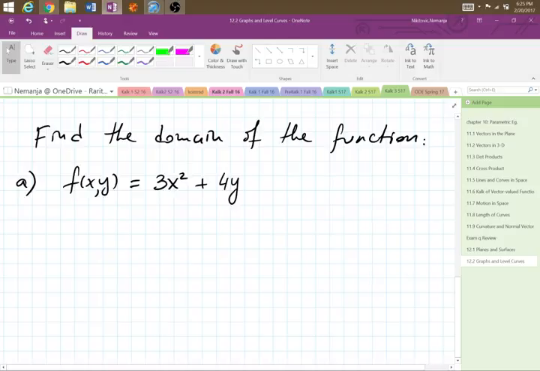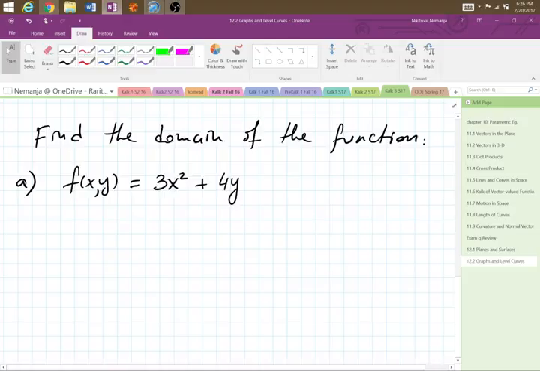Think of positive numbers, negative numbers, whole or rational, irrational, zero. Are there any numbers that we would have to exclude from the set of x and the set of y? And the answer is no, right? Well, we're dealing only with real numbers. Well, even in complex, it was whole as well.